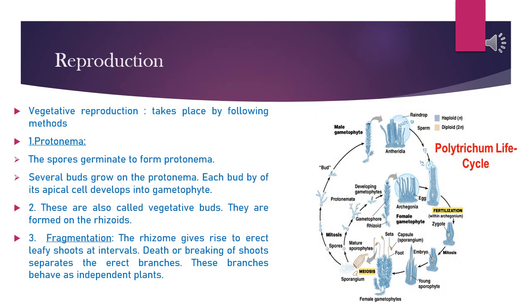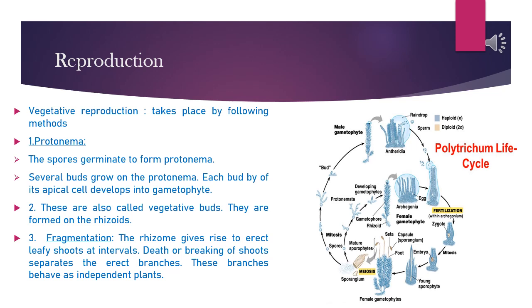After studying the anatomical characters, let us move towards reproduction. In Polytrichum we find two types of reproduction, vegetative reproduction as well as sexual reproduction. First we'll study vegetative reproduction. This can also be called asexual reproduction. I hope you know what asexual reproduction is.